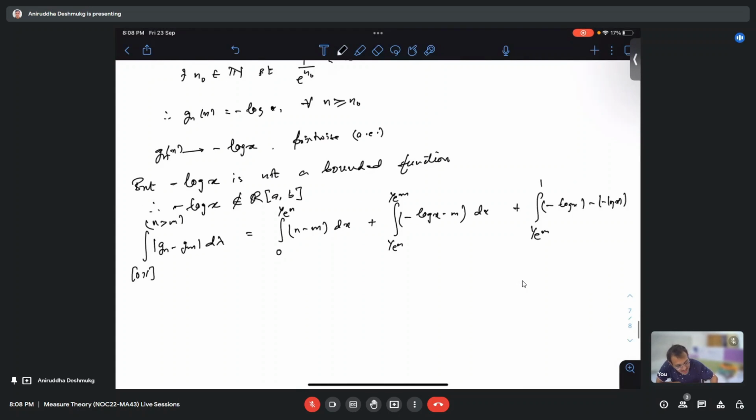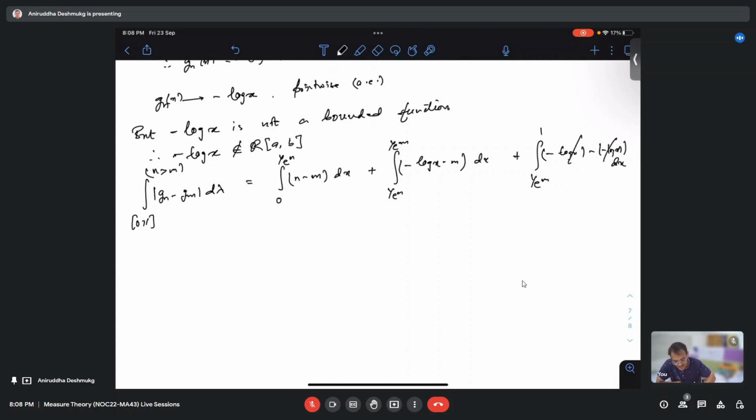Yeah, this is dx, and this just cancels off. So this integral doesn't play any role in mod of Gn minus Gm. What remains is n minus m over 1 e to the power n plus the integral of log x, which is x log x minus x.